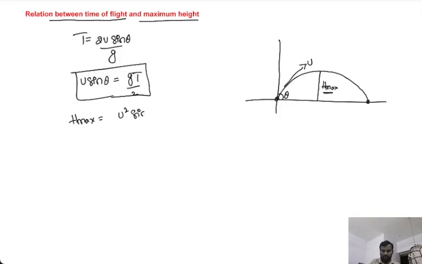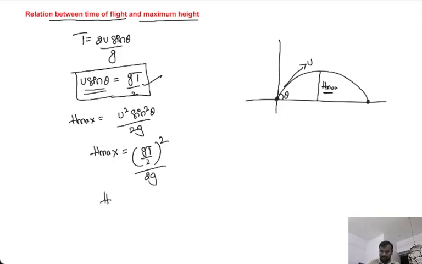h max is equal to u² sin²θ divided by 2g. Here, u sin θ is under how much? g t by 2. Then h max is equal to (u sin θ, where u sin θ is replaced by g t by 2) whole squared, divided by 2g.